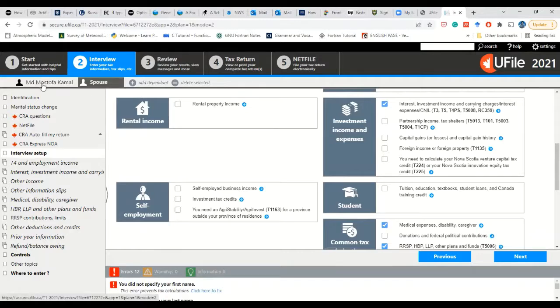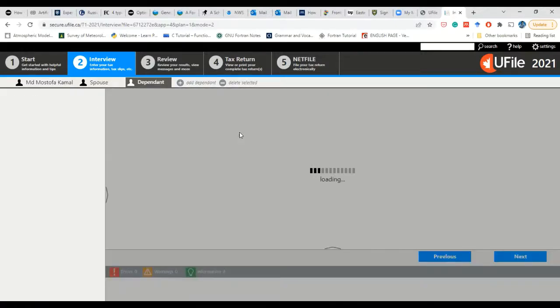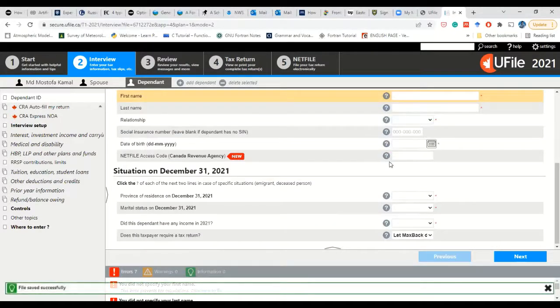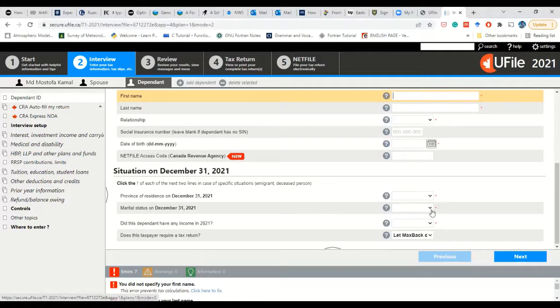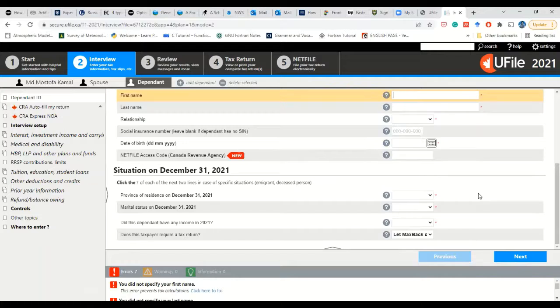Now this is you and this is your spouse, and now another one, if you have kids. For each kid, you want to provide information about your kids. In the medical section, if your kid is underage, under 18, you will fill in the information, and it will ask who wants to claim the medical credit for the dependent, like kids.